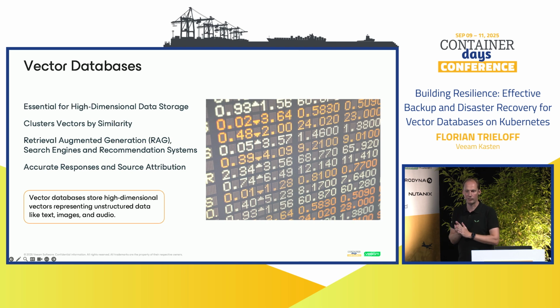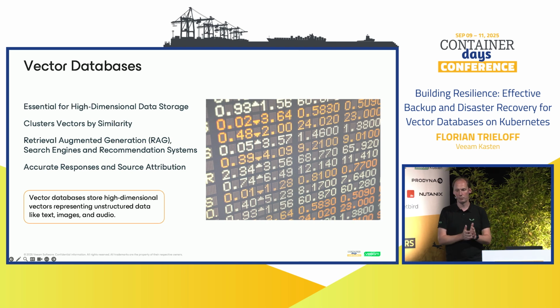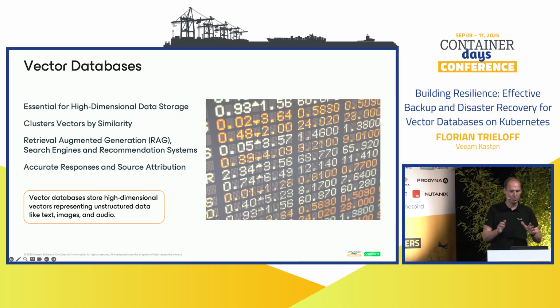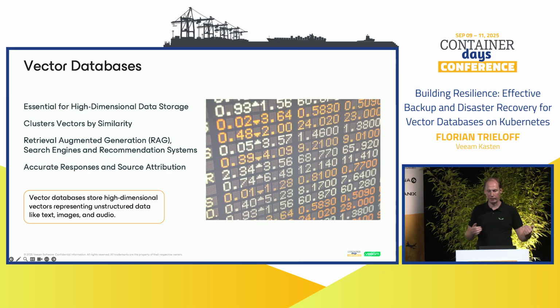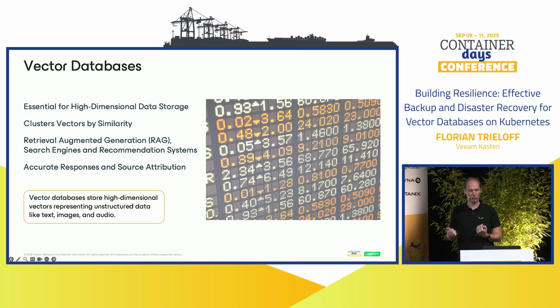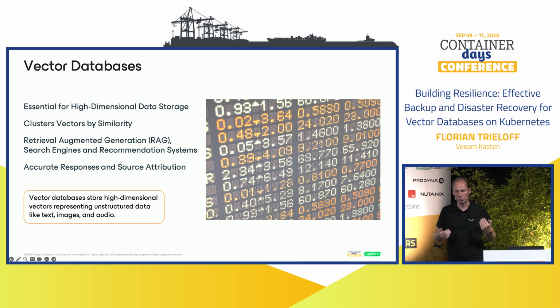Vector databases are essential for high-dimensional data storage. So it's not about a simple database with some key values or any relational database here. This is an n-dimensional vector, a set of n-dimensional numbers stored there. So it's about retrieval augmented generation.